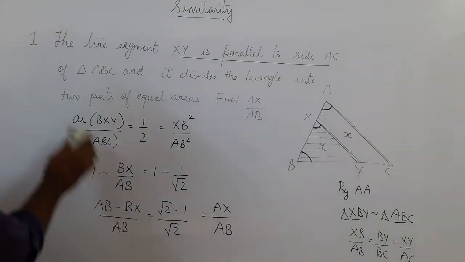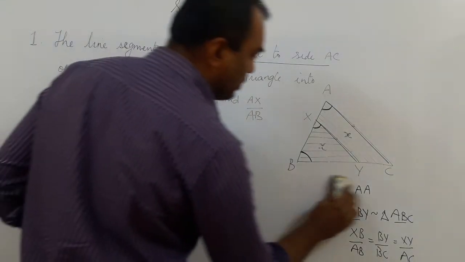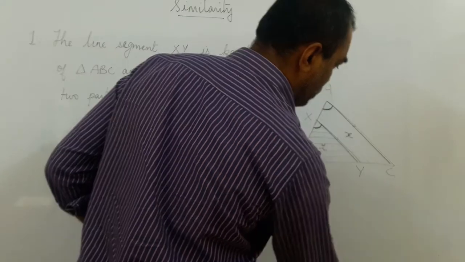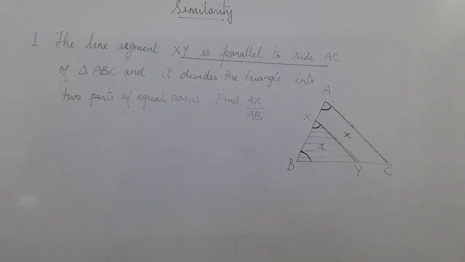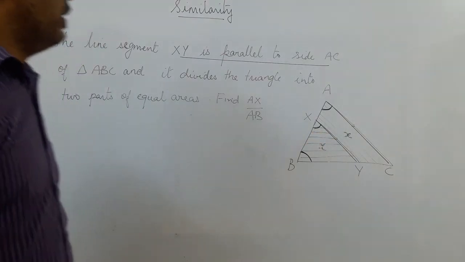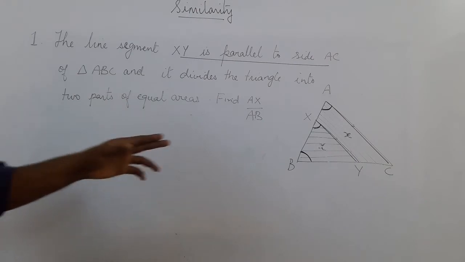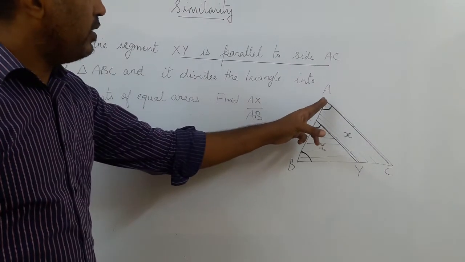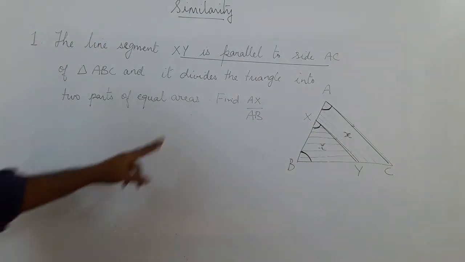Now, we'll do it all over again, but in a different manner. Why do we use area here? Because these two areas were equal, right? So area of triangle XBY is half of ABC.